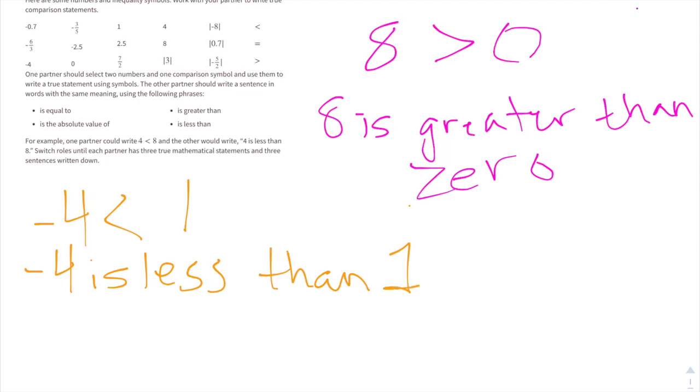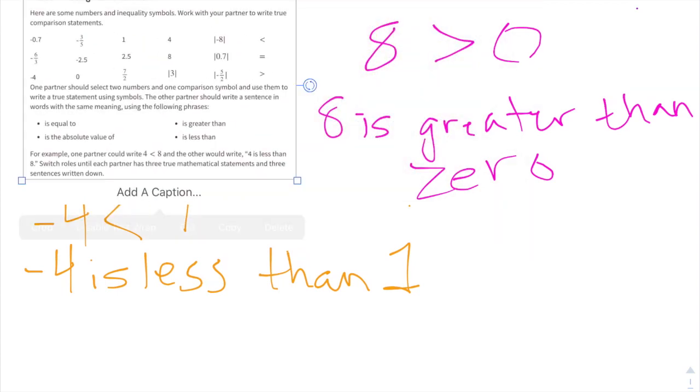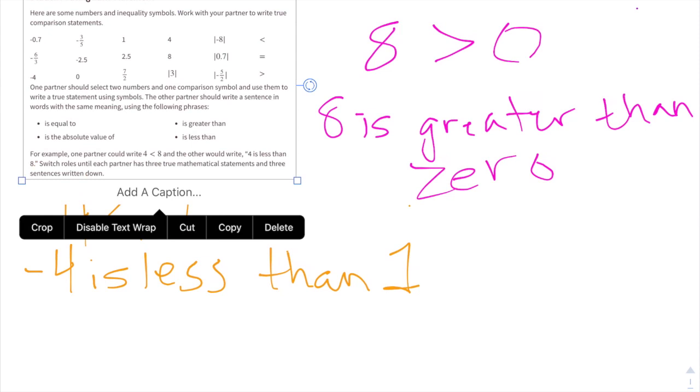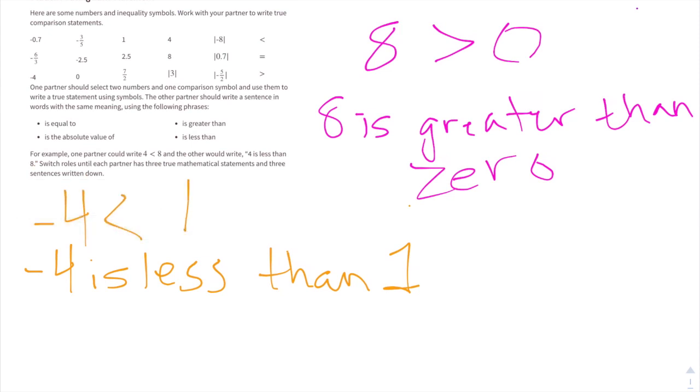Okay, now we want to think about equal to. I see that there is an absolute value of -8 and there's also an 8. So I can use that and I can say the absolute value of -8 is equal to 8.